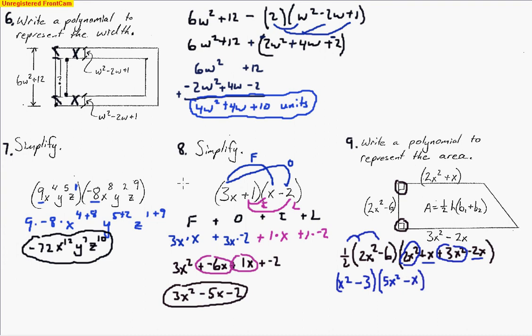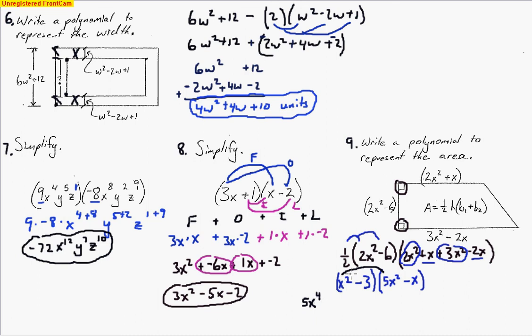So now I'm ready to use that FOIL method. So when I do that, I'm going to be multiplying my first terms. Remember, these are the first terms here. X squared and 5x squared. And I'll go ahead and multiply them together. Makes 5x to the 4th power. So I multiplied 5 times 1, x squared times x squared makes 5x to the 4th.